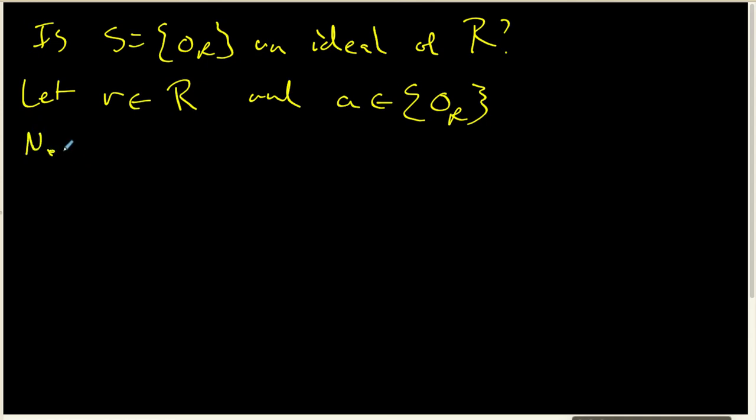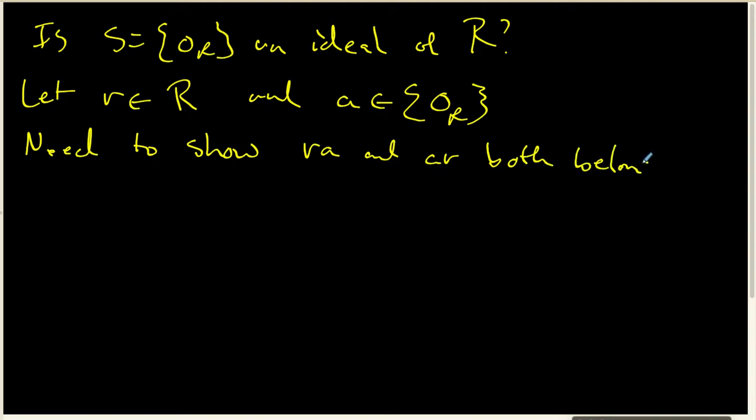And we need to show that R times A and A times R both belong to the subring. So we need to make both RA and AR belong to the subring consisting of just the 0 element.